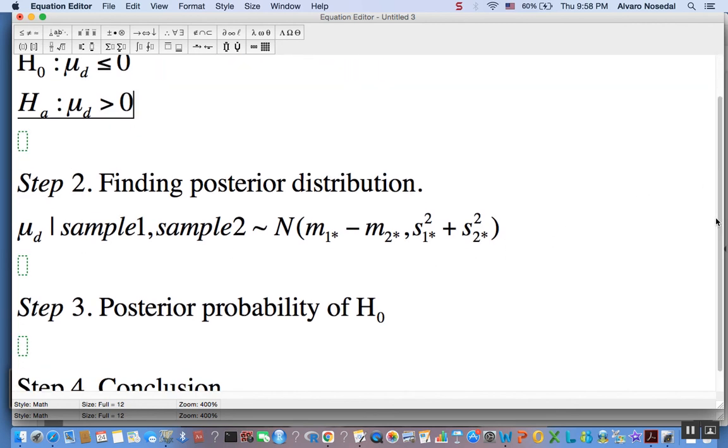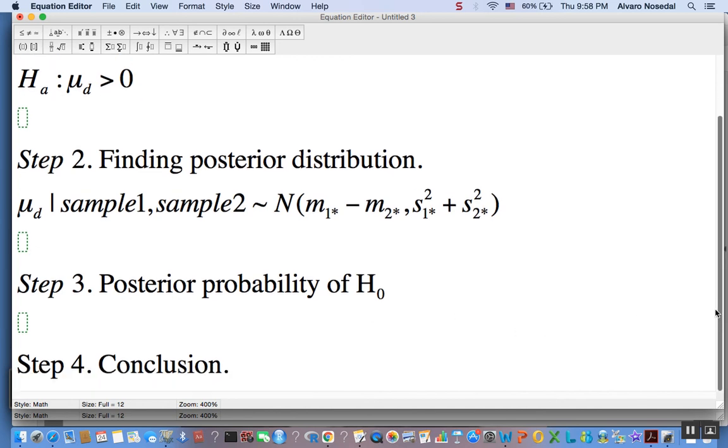Step number 3, you find the posterior probability of h0, and then the conclusion: you just compare that posterior probability of h0 against your significance level. If that posterior probability is less than alpha, your significance level, you reject h0. So same as before.